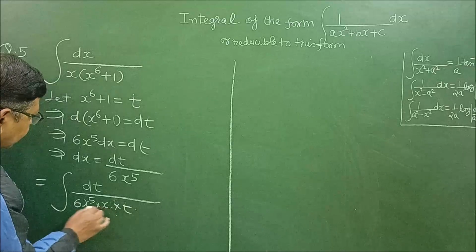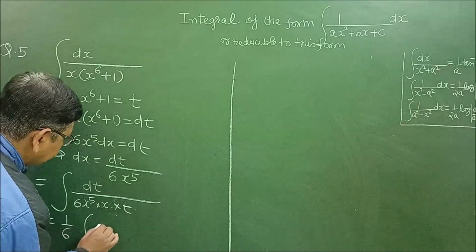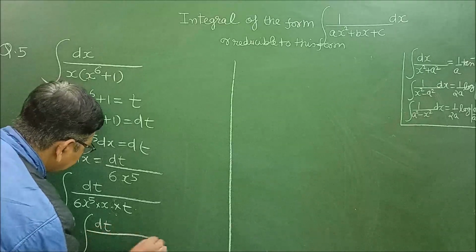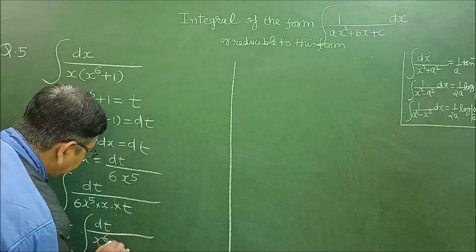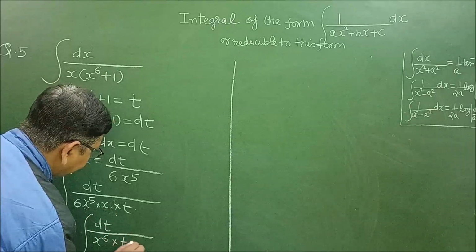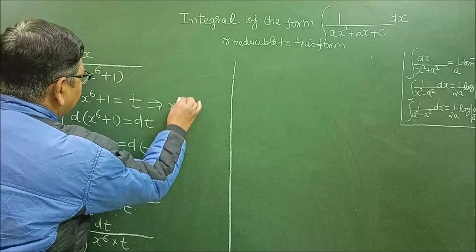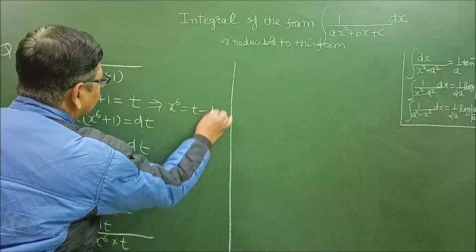Now this 1 upon 6 is a constant, and integration of dx power 6 after multiplication into t, and from here we can find the value of x raised to the power 6 is equal to t minus 1.